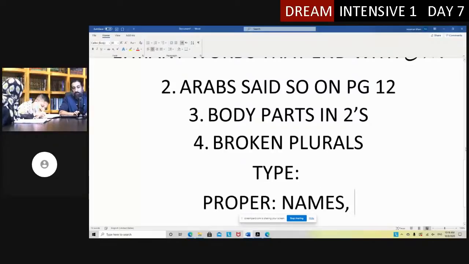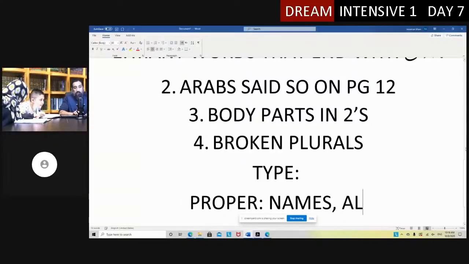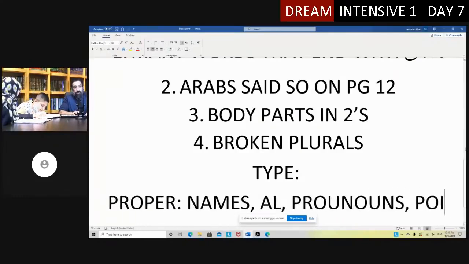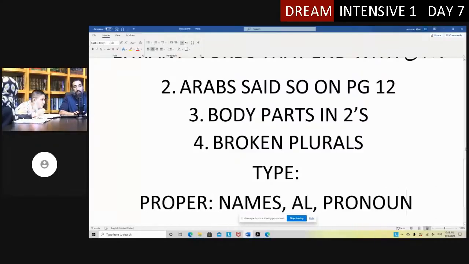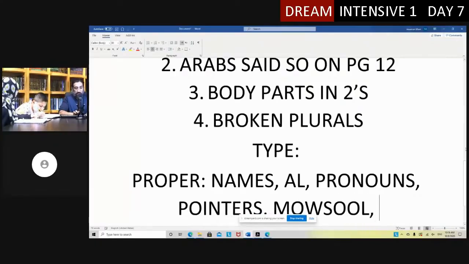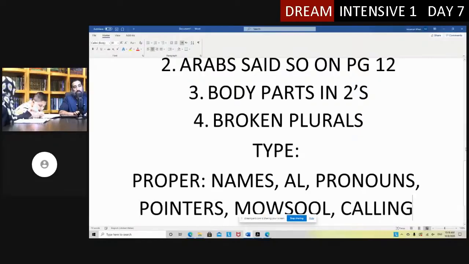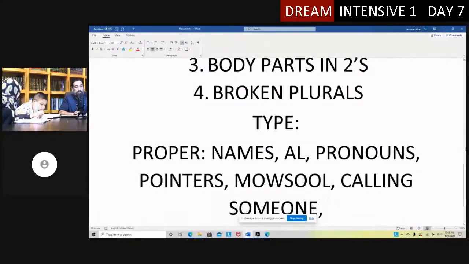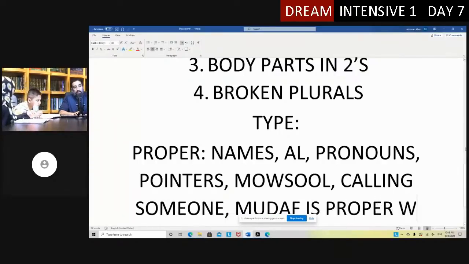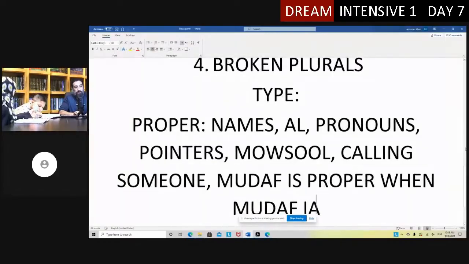There were names, al in the beginning, pronouns, pointers, Mosul, which we didn't really explain and we won't yet, calling someone, and the mudaf is proper, and when mudaf ilay is proper.